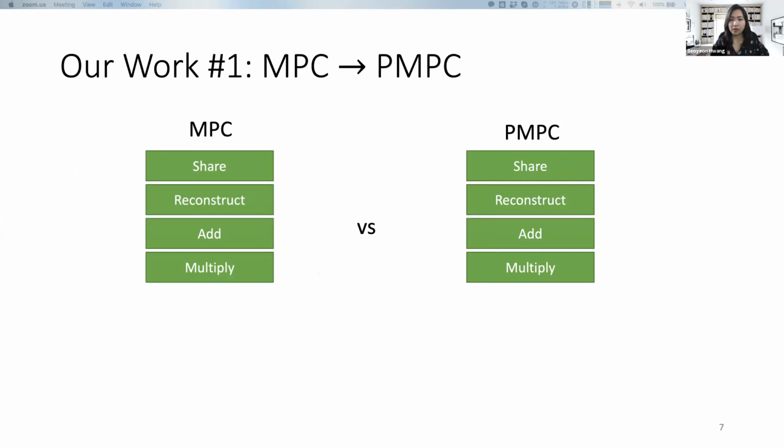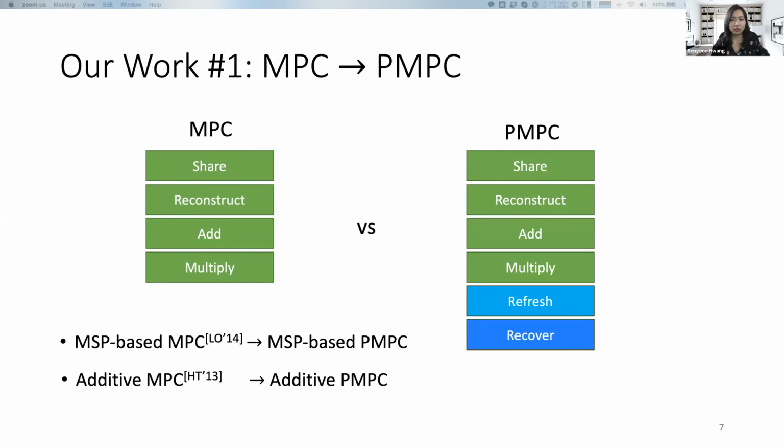On top of them, two more protocols called refresh and recover are required to make it proactively secure. Refresh proactively re-randomizes the shares, and recover lets randomly rebooted parties recover their shares with the others' help. In our work, we made two existing MPC schemes on GAS proactive by building these two protocols.